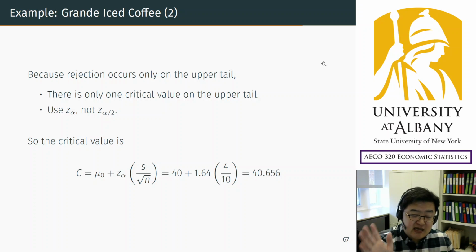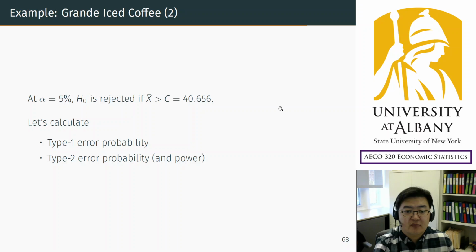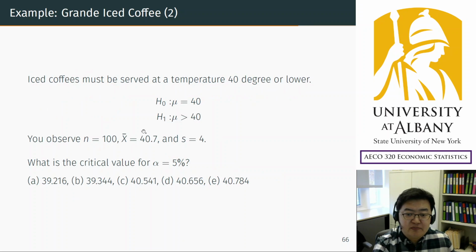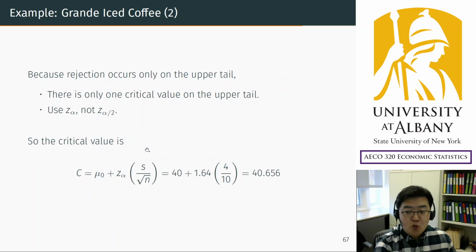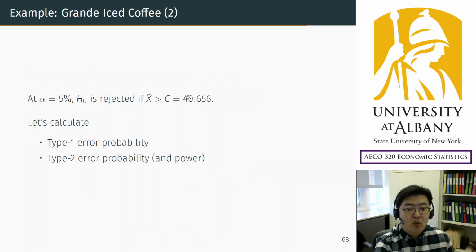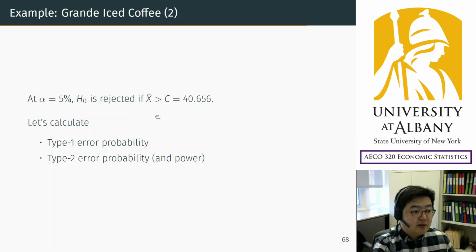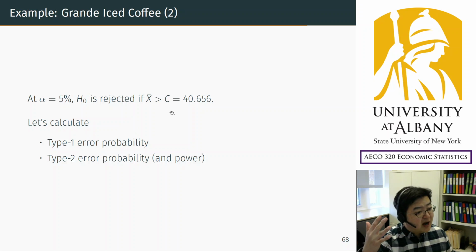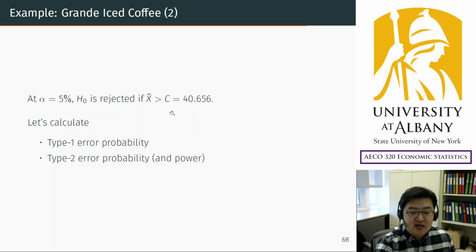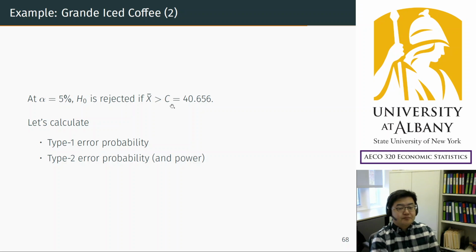But the lower side is not a problem. Your sample average is 40.7, which is greater than your critical value, so you are going to reject the null hypothesis. It is too hot, I mean, not cold enough. So that's how you calculate that.